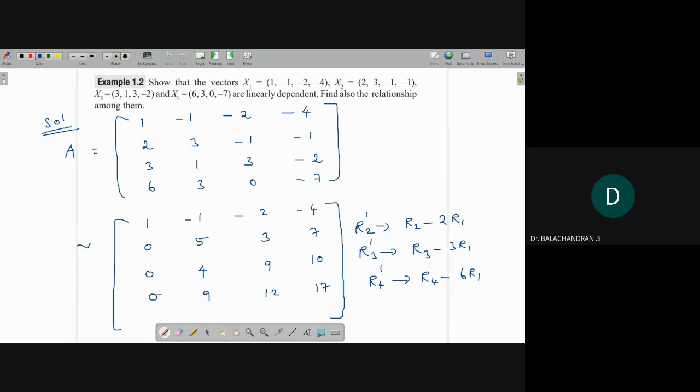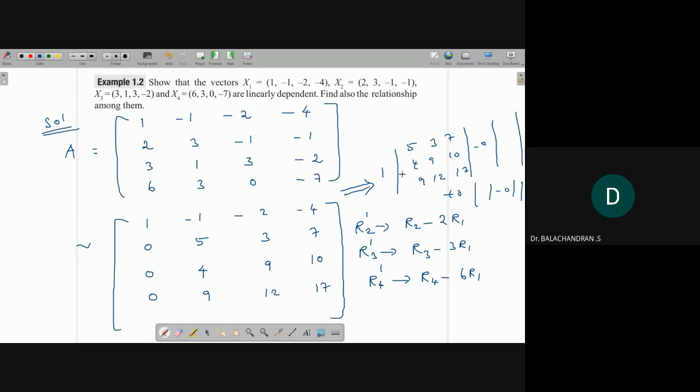Okay, so then roughly, determinant of this one is what? 1 into determinant of the 3 by 3 matrix 5, 3, 7, 4, 9, 10, 9, 12, 17. So remaining everything is 0, because minus 0 into determinant of anything, plus 0 into determinant of anything, and then minus 0 into determinant of anything. Okay. So if you expand this determinant, you will get 0.